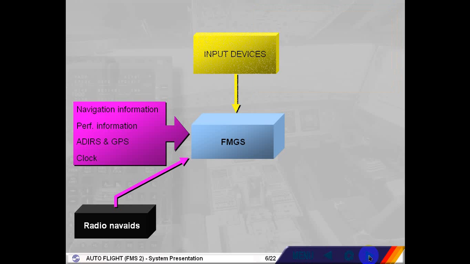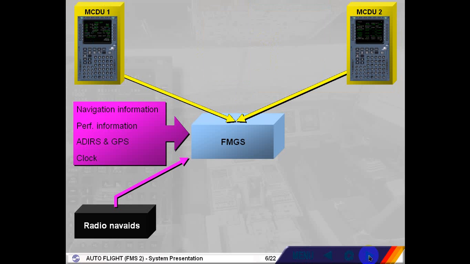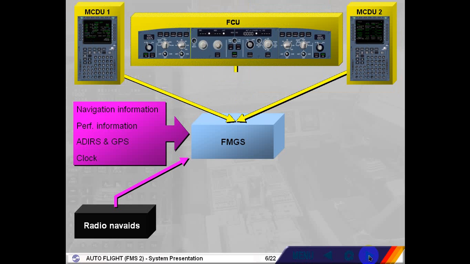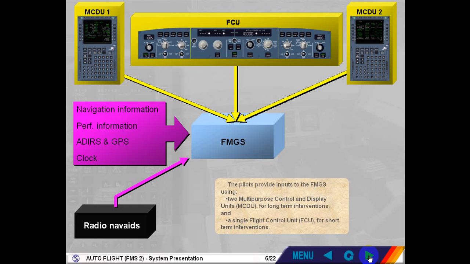Pilots provide inputs to the FMGS using 2 multipurpose control and display units, MCDU, for long-term interventions, and a single flight control unit, FCU, for short-term interventions.